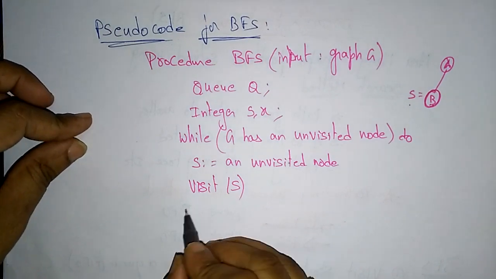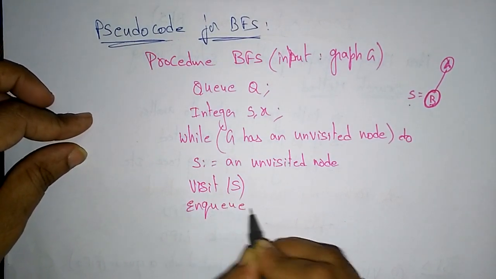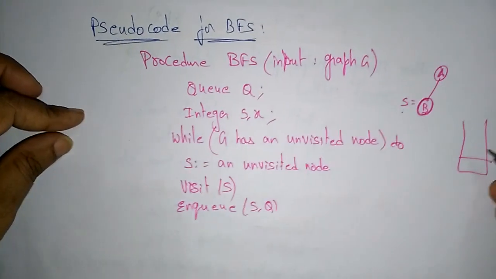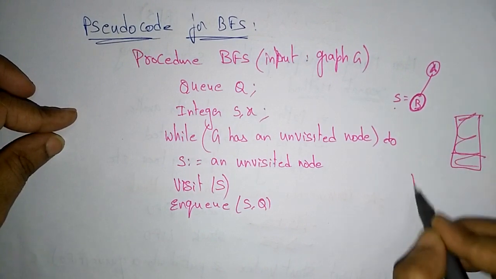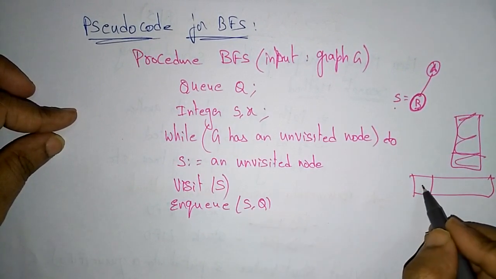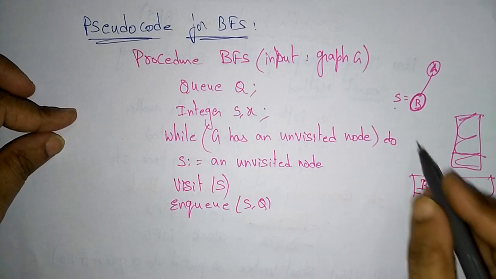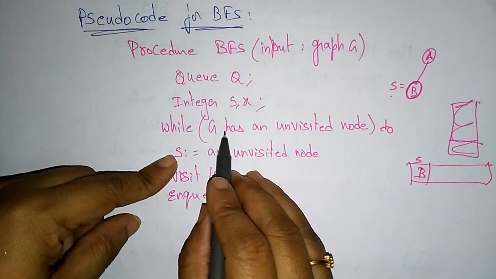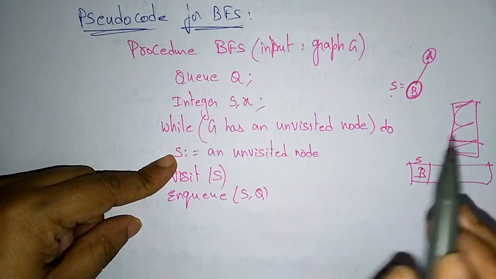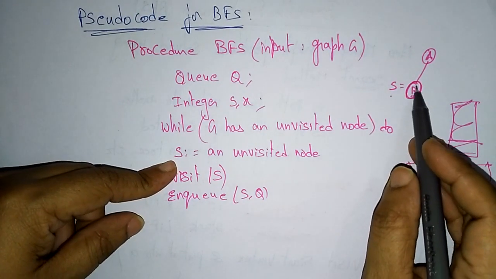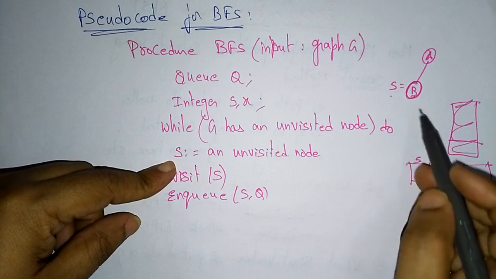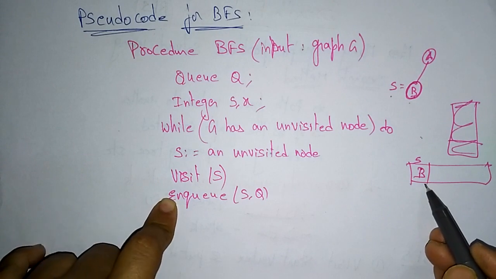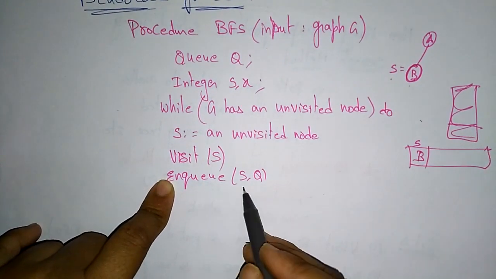Visit s means you have to enqueue, which means putting the value in the queue Q. So first you check whether G has an unvisited node or not. If it does, you mark that node as visited, and whenever it is visited, it has to enter the queue, that is the enqueue.